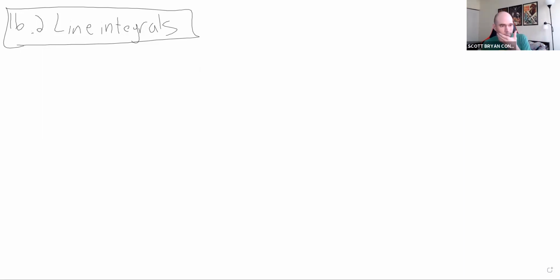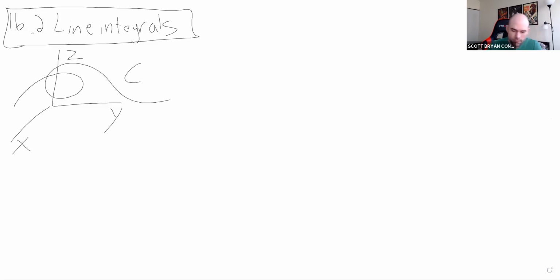So we're just going to look at what a line integral is and how we compute it. So suppose we have a curve. This works for curves in R2 and curves in R3, but suppose our curve is in R3.